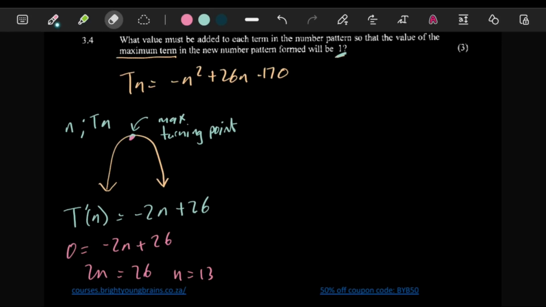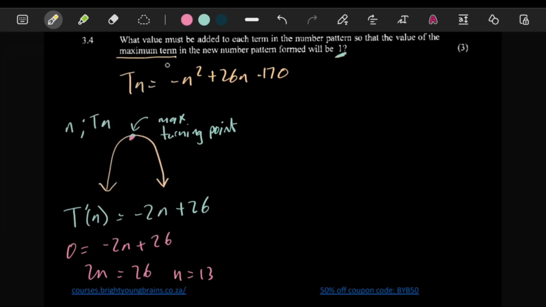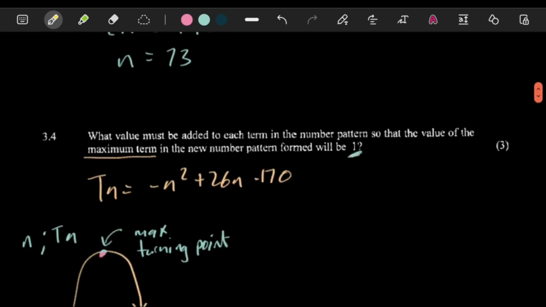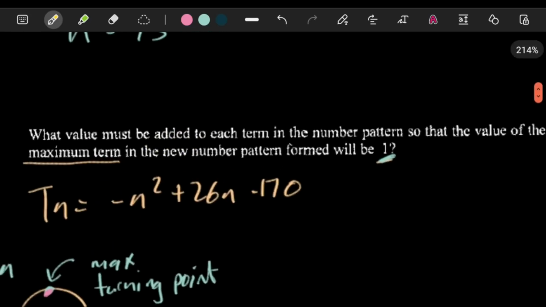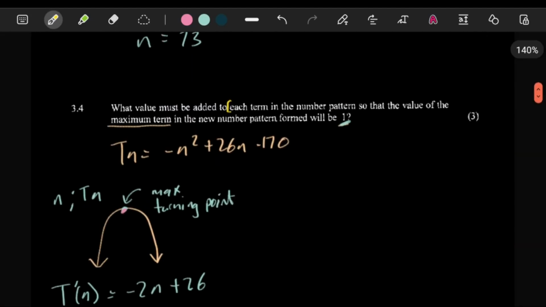Oh well, I think I may have to take a detour here, because if you're going to add a number to what must be added to each term... So it's almost like saying, to each term, what must be added so that... Wow, I'm stuck.